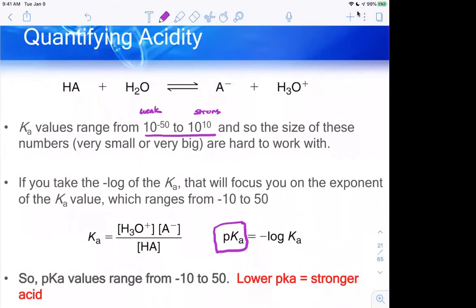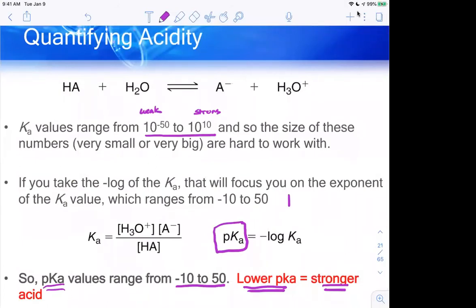pKa is the negative of the log of the Ka. So now I've taken those scientific notation Ka values, and I've gotten pKa values, which range from minus 10 to 50. This trend now, because it's a logarithmic scale, has reversed though. So the lower the pKa, the stronger the acid.